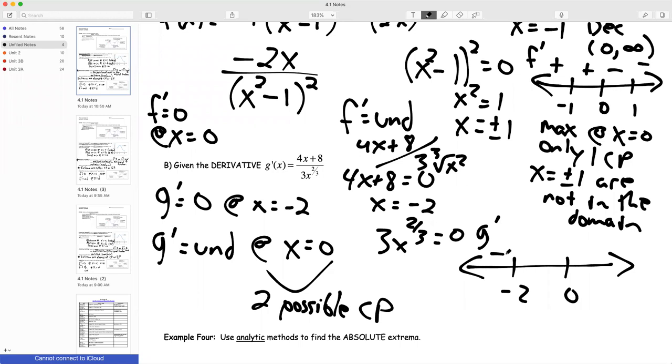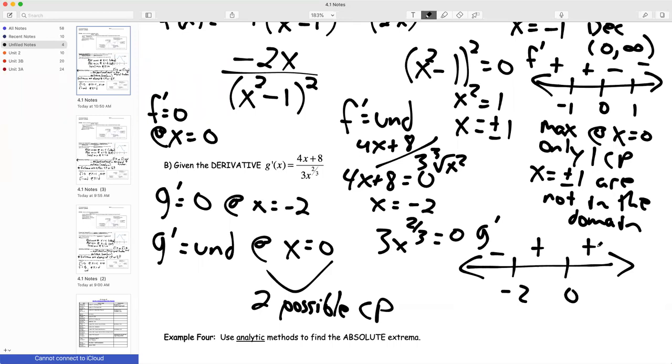And then I want to pick a value between negative 2 and 0. Let's say negative 1. 4 times negative 1 is negative 4 plus 8. That is positive. And then pick a value on the other side of 0. Let's say 1. I plug that in. That is also going to be positive.